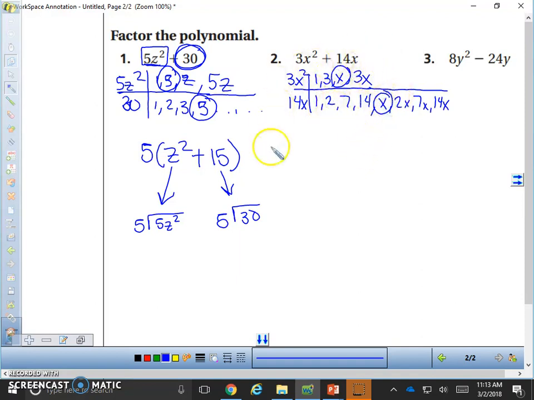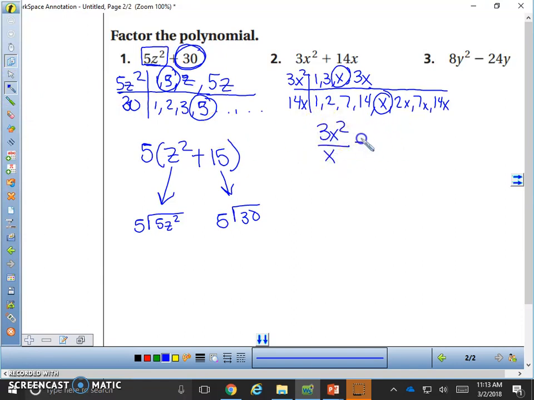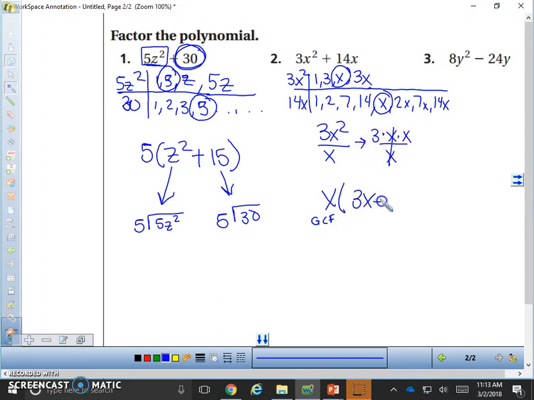So now we're going to take out x by dividing. 3x squared divided by x is 3 times x times x divided by x, which is 3x. Factoring out the greatest common factor, GCF, 3x remains, plus 14x divided by x is 14. There we go.